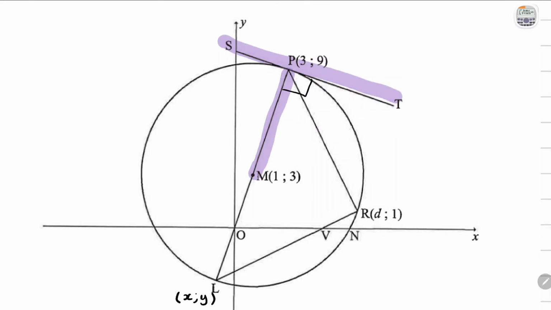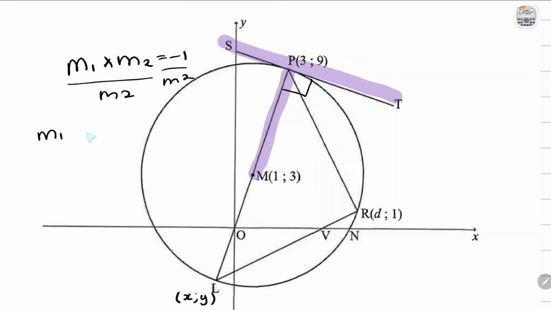Because they're perpendicular lines, there's something we should know about their gradients. If you take the gradients of two perpendicular lines and multiply them together, they will give you negative 1. So we can actually use that. If you want to find one of those gradients, let's say it was M1 you were looking for, you would divide both sides by M2.